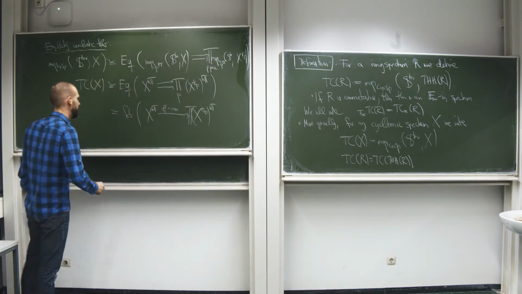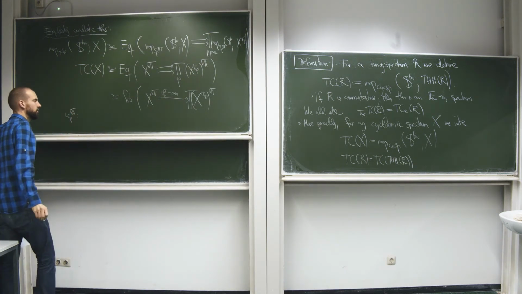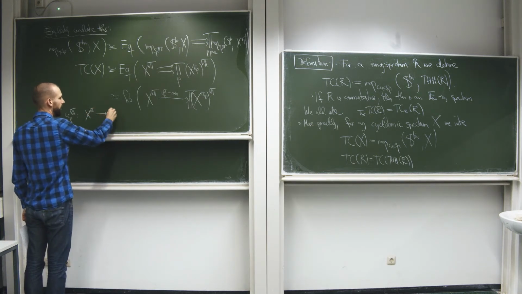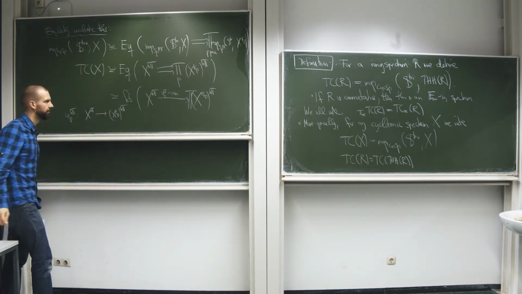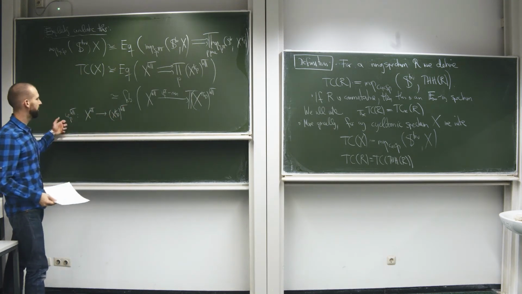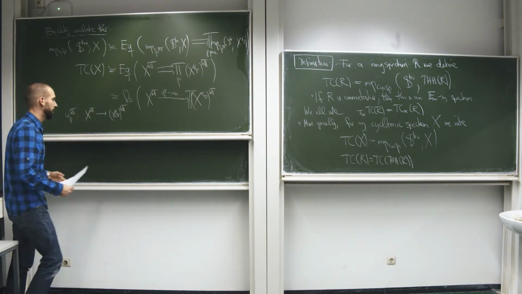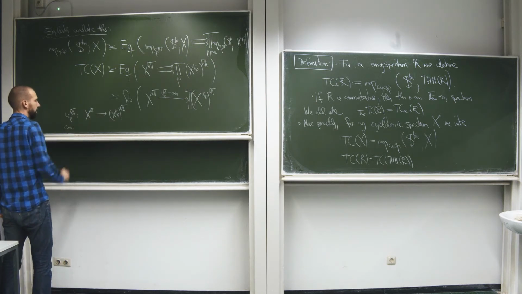And what is phi_p^{hT}? It's just a map from X^{hT} to (X^{tate CP})^{hT}, so we just raise the T-equivariant map to the hT. So that's phi_p^{hT}.